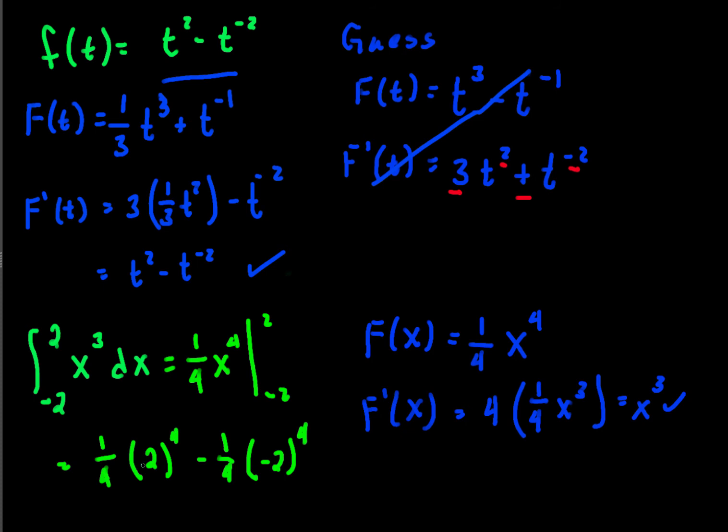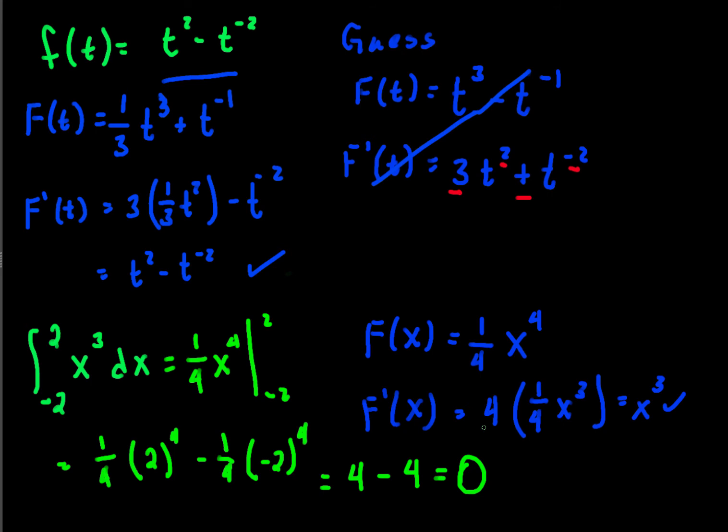So 2 to the 4th power divided by 4 is 4. So this is equal to 4 minus, and when I raise negative 2 to the 4th power, it becomes 16. Divided by 4 gives me 4 again, so that's 4. And this integral is 0.